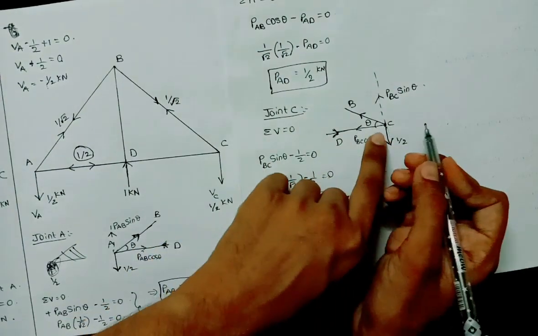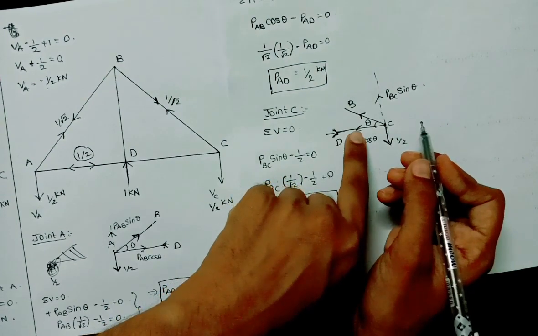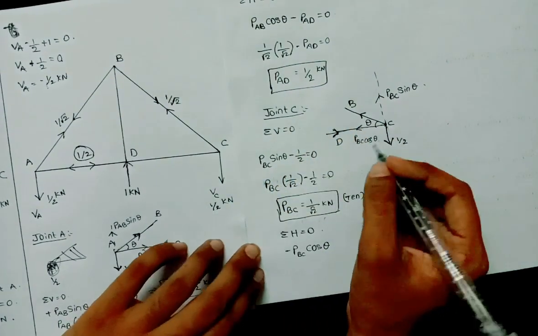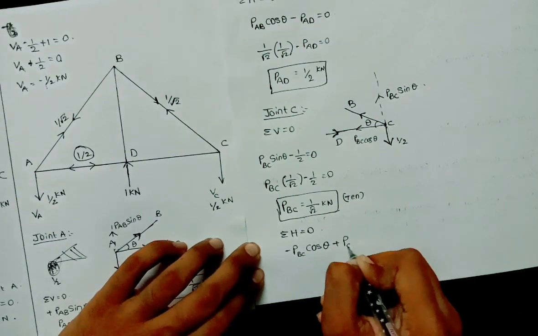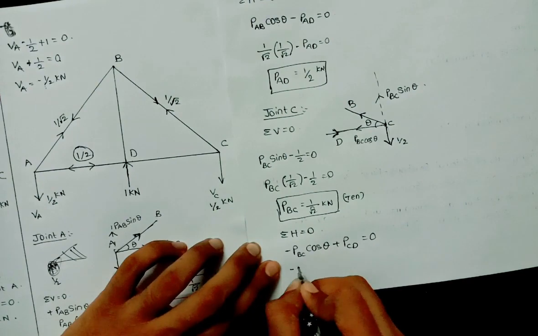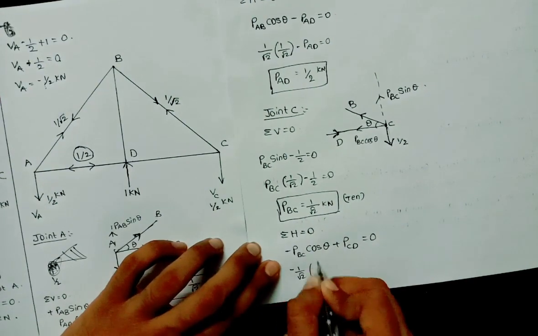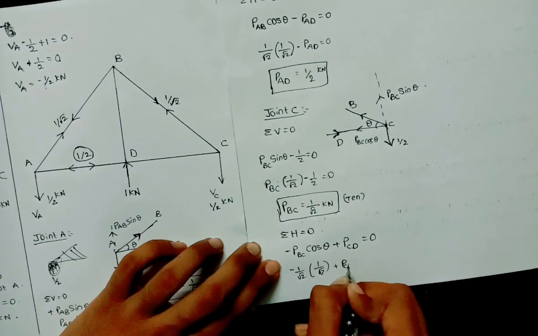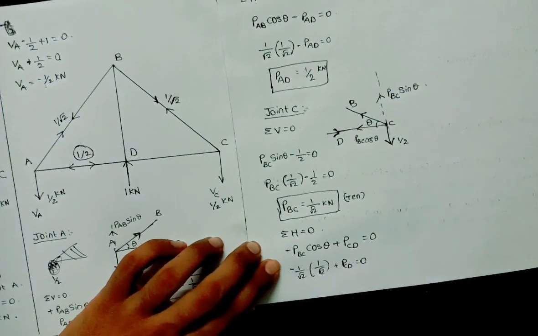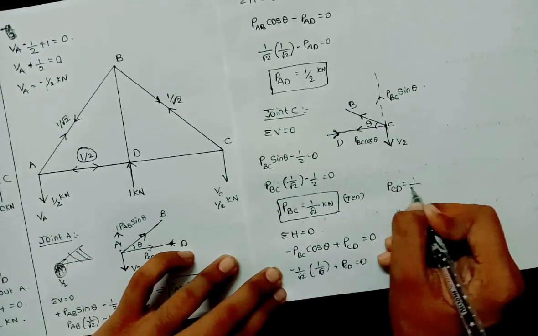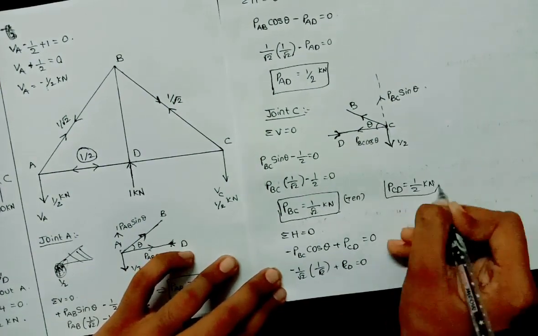Since a force is already acting in left direction, to balance it, you assume the right side direction. So plus PCD or DC, anything. Now we got PBC as 1 by root 2, cos theta again 1 by root 2, plus PCD equal to 0. So it is obtained as PCD is equal to 1 by 2 kilonewton.